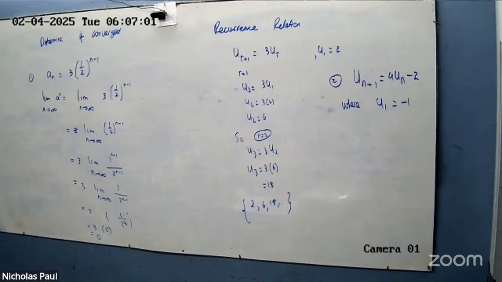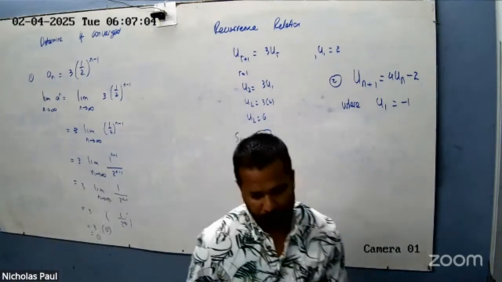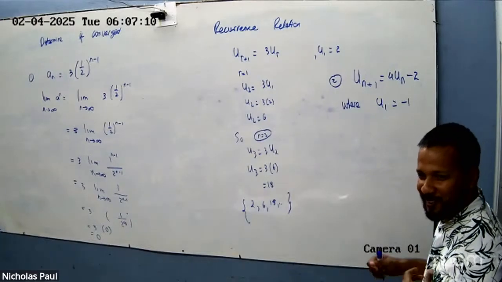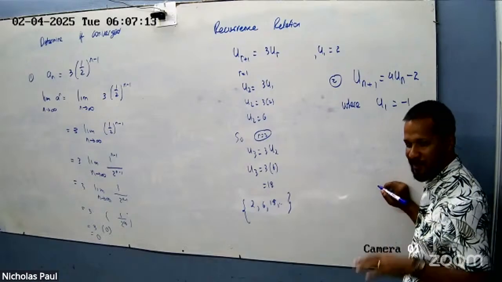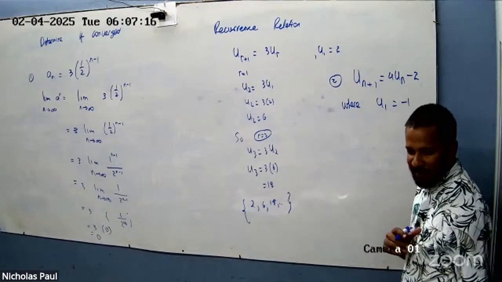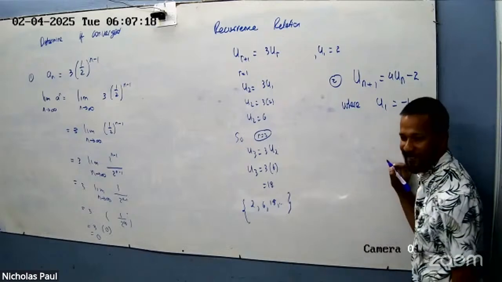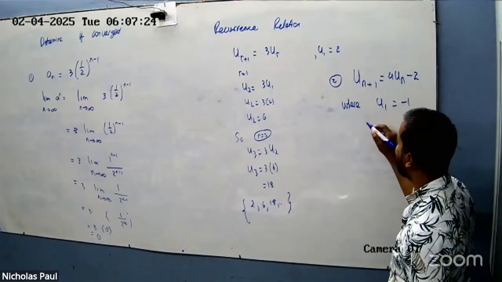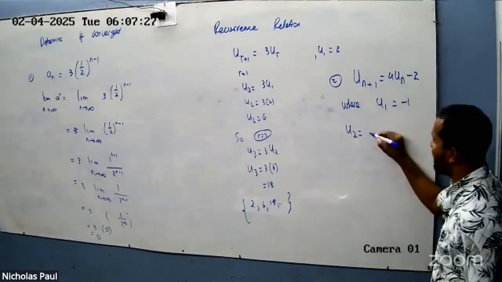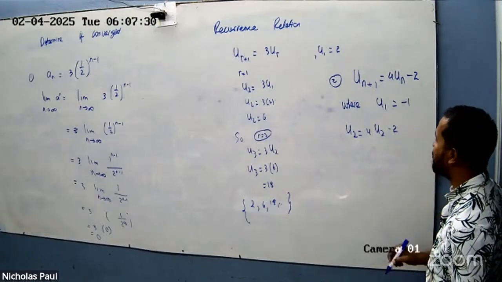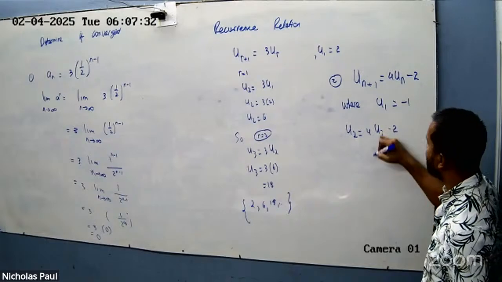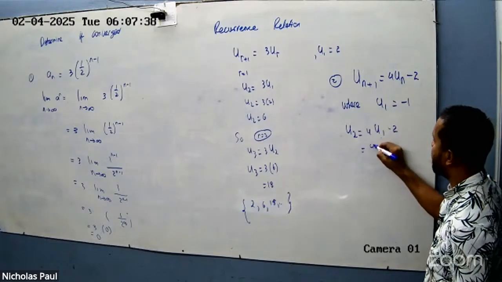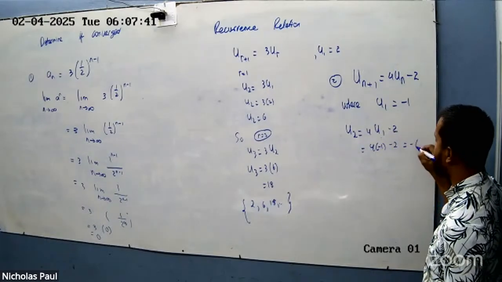Right, let's see what you got. U2 will be 4U1 minus 2, so that'll be 4 by minus 1 minus 2, which is minus 6.